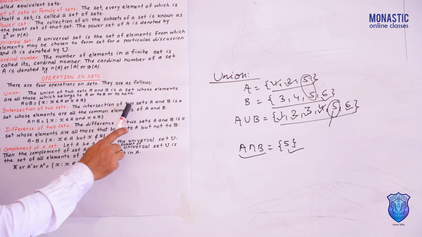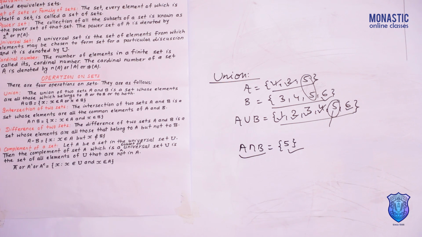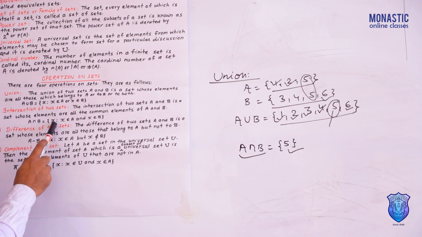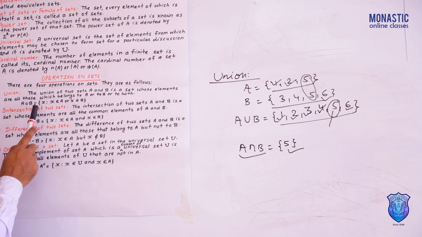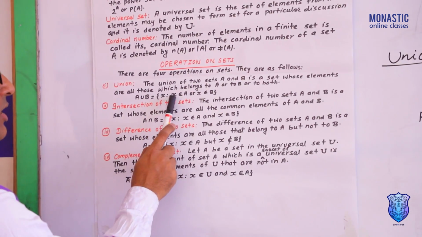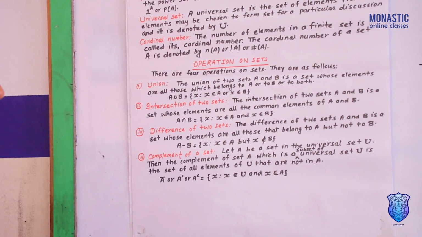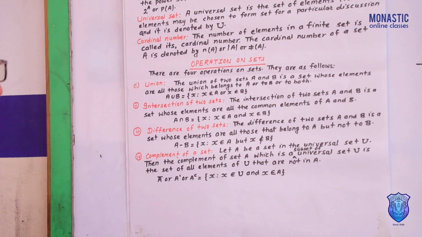The intersection of 2 sets A and B is a set whose elements are all the common elements of A and B. In set builder form, we define A intersection B is equal to {x such that x belongs to A and x belongs to B}. When we say 'and', it means both. When we say 'or', it means individually or common, it doesn't matter.